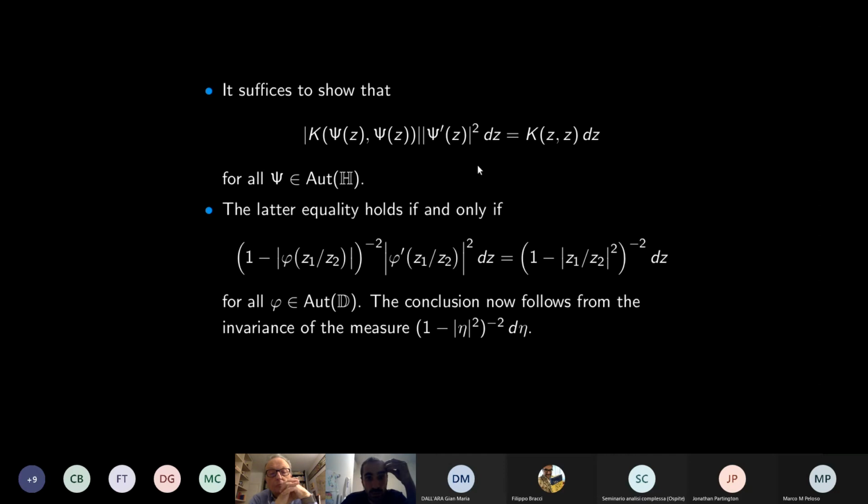But this holds if and only if these other identities are satisfied here: 1 minus, here I forgot a square, sorry, the modulus of phi of z1 over z2 to the -2, times this Jacobian of phi. But this follows immediately from the invariance of this measure with respect to the automorphisms of the unit disk.